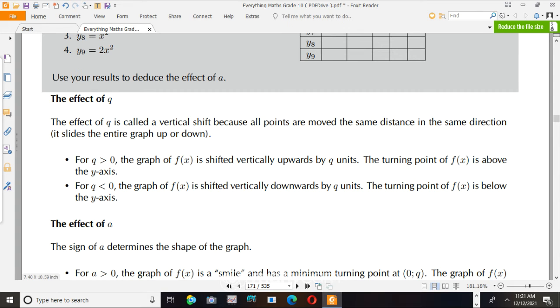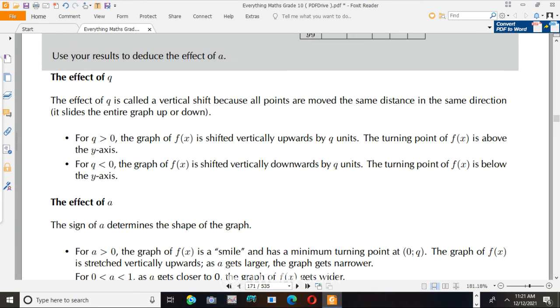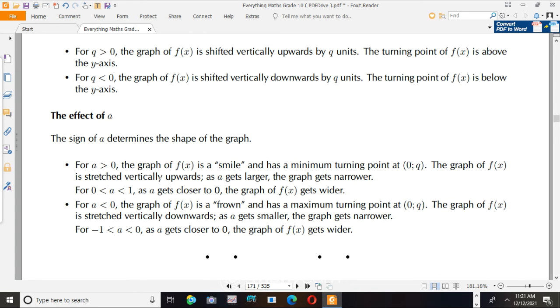Okay, now the sign of A determines the shape of the graph. What type of shape? For A greater than 0, the graph of f of x is a smile and has a minimum turning point (0, Q). The graph of f of x is stretched vertically upward, and as A gets larger, the graph gets narrower.